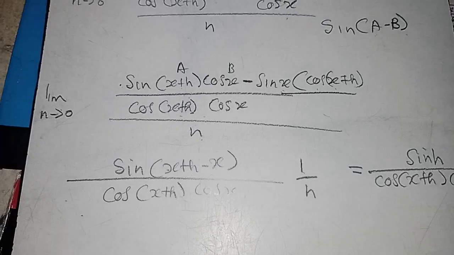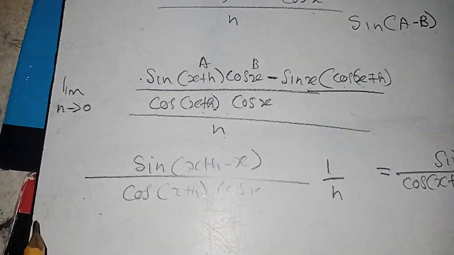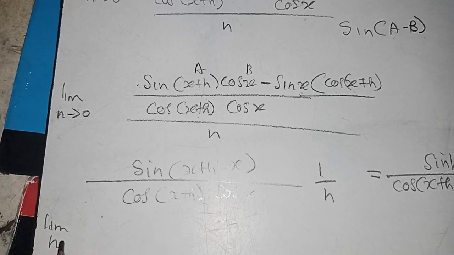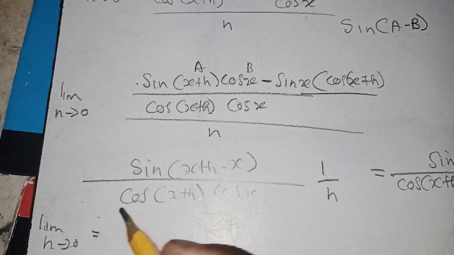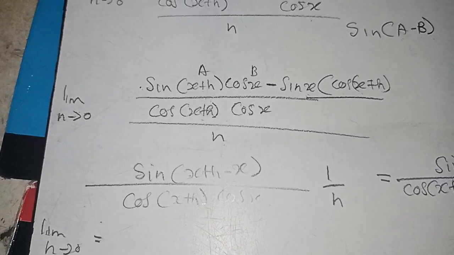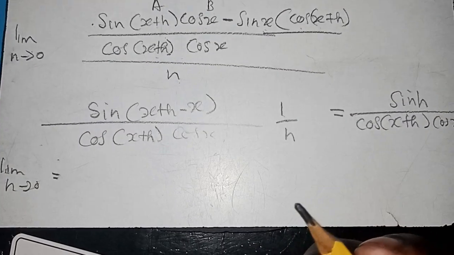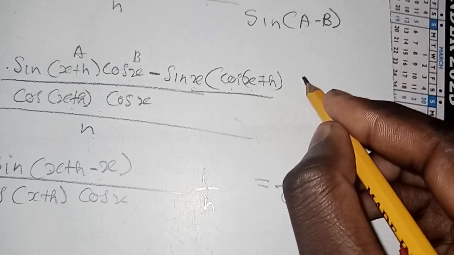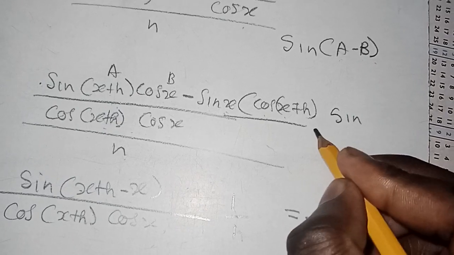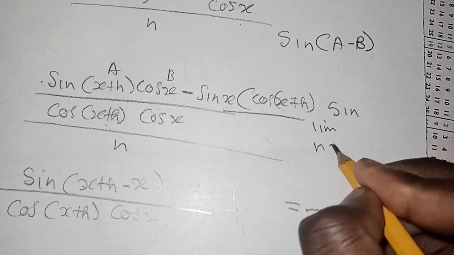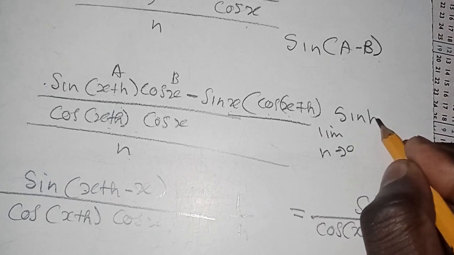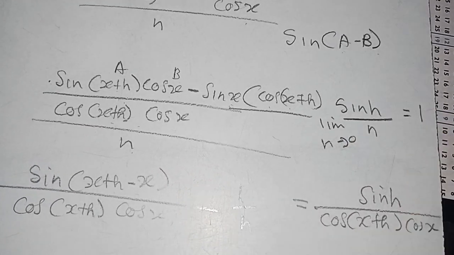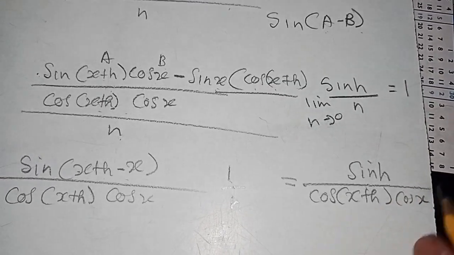Now we're going to apply the limit as h approaches 0. Remember the identity we looked at in the previous video: the limit as h approaches 0 of sine h over h is equal to 1.